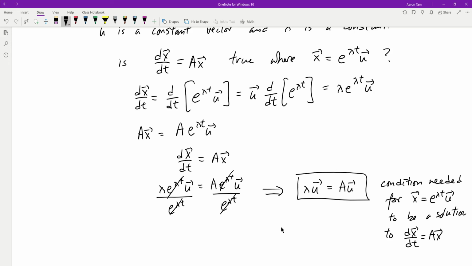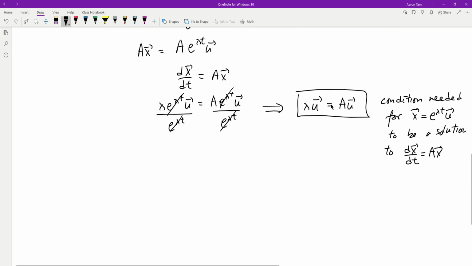So if I can find lambda and vector u that satisfy this condition, I can then use them to form this solution, vector x equal to e to the lambda t vector u, and that would satisfy our differential equation.